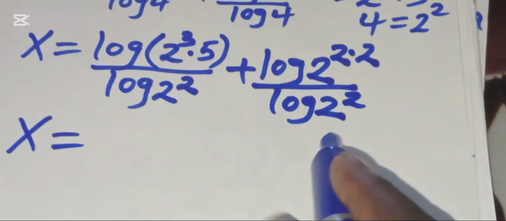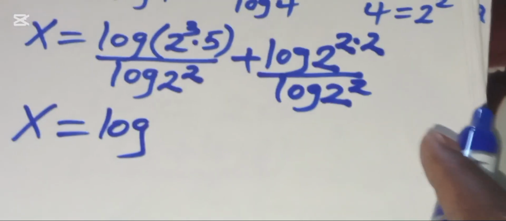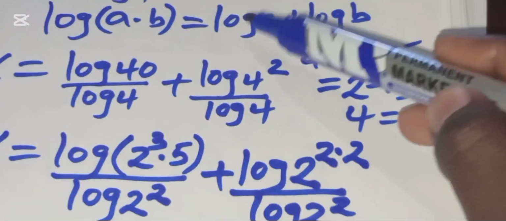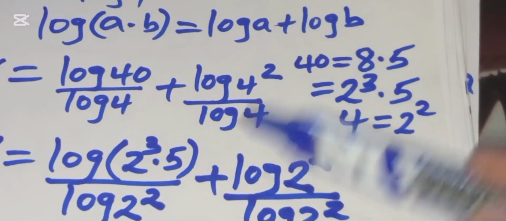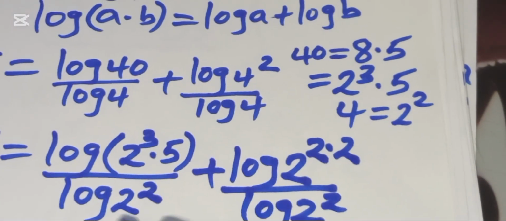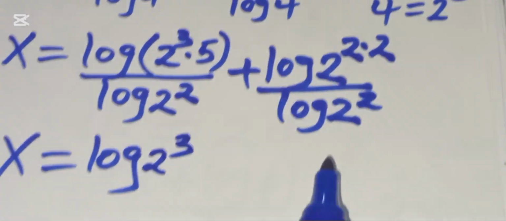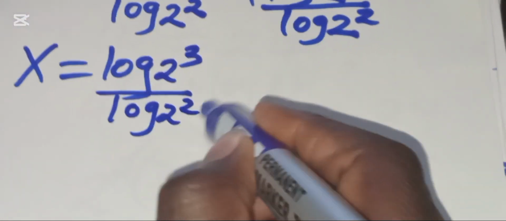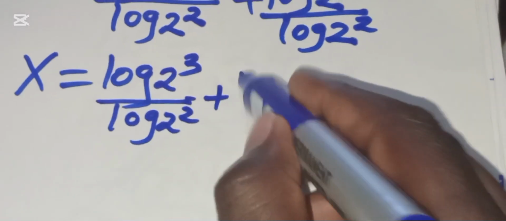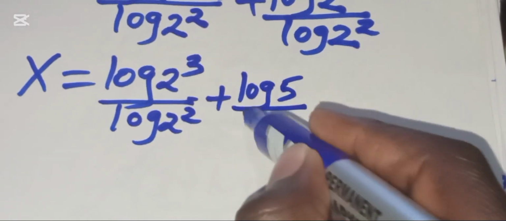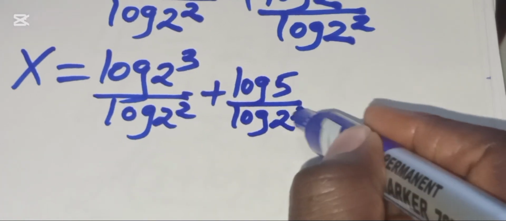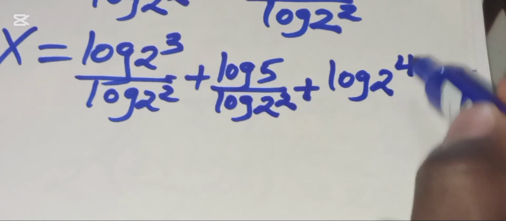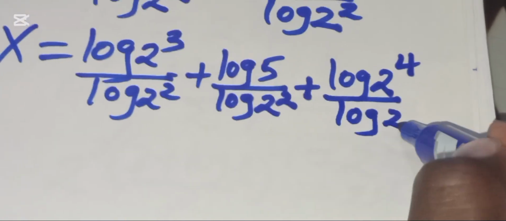So x is equal to, applying the property that log of a times b becomes log a plus log b, log 2 to the power 3 divided by log 2 to the power 2, plus log 5 divided by log 2 to the power 2, plus log 2 to the power 4 divided by log 2 to the power 2.